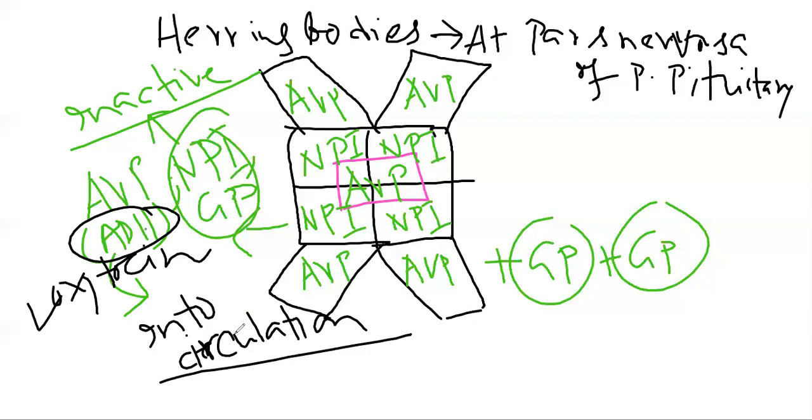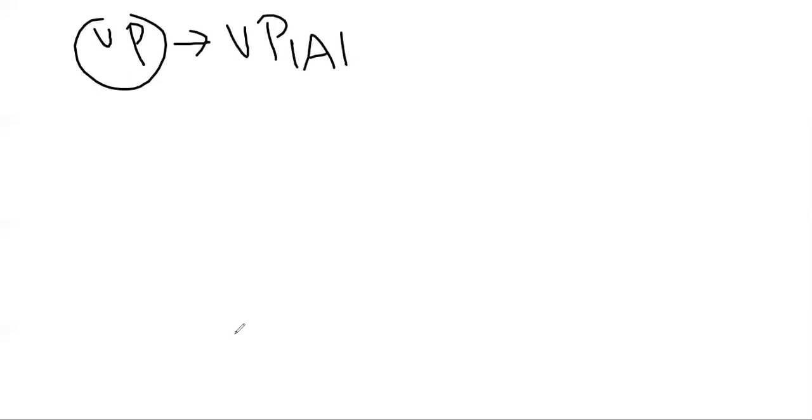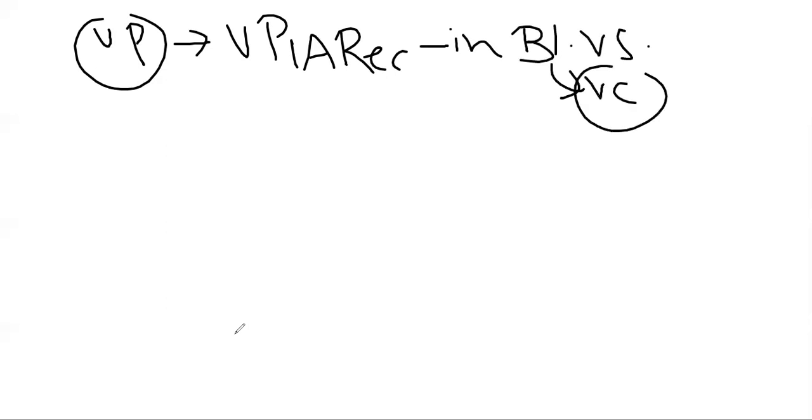Now this vasopressin, when it comes into the circulation, will work on the vasopressin 1A receptors in the blood vessels, and it will vasoconstrict the blood vessels and also normalize our blood pressure.